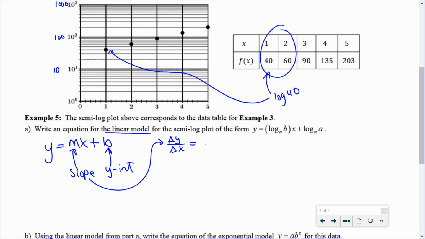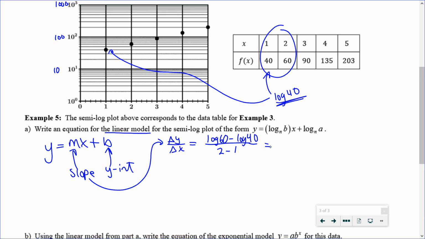Now, when I use the y values, I have to use the log of them because I'm on a semi-log plot. So I don't just do 60 minus 40 on top. I do the log of 60 minus the log of 40, because this new graph is using the log of these numbers. But on the bottom, the x-axis is just normal, so I just do 2 minus 1.